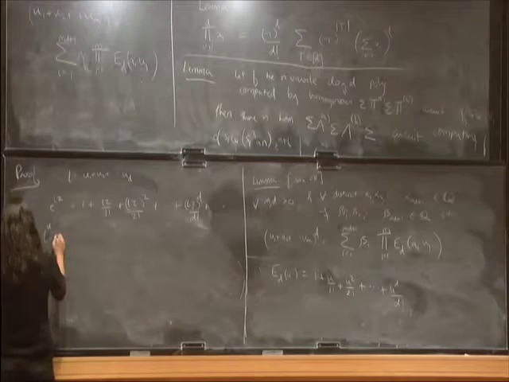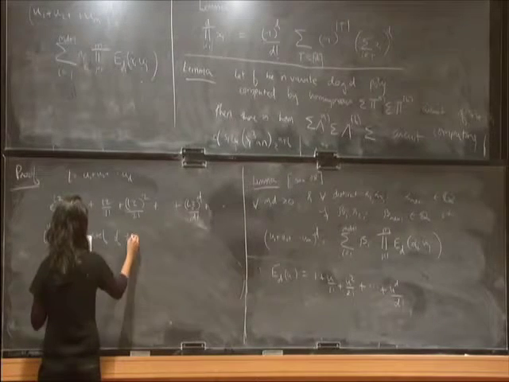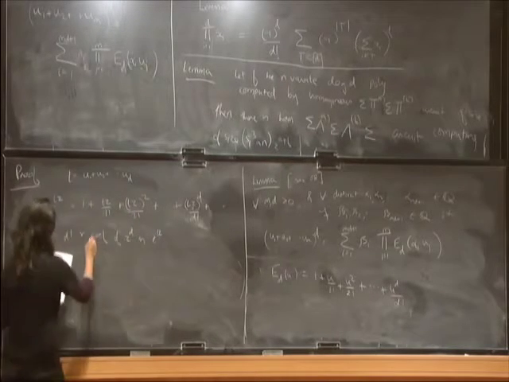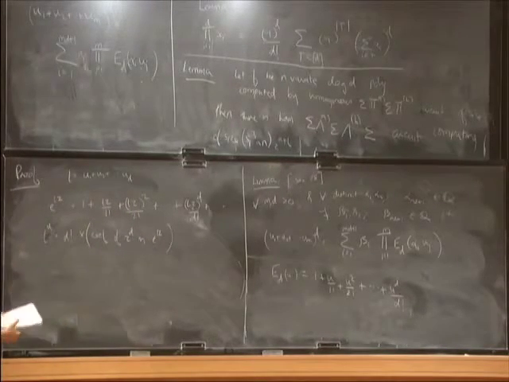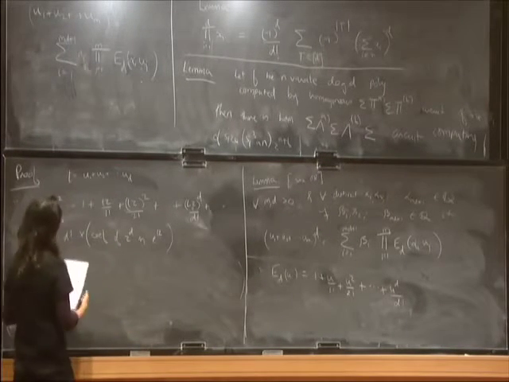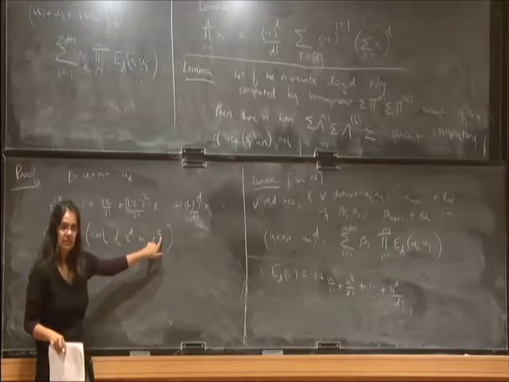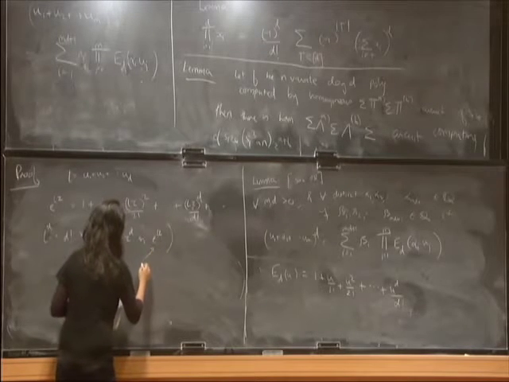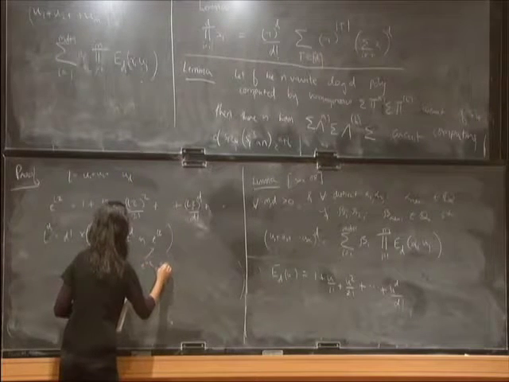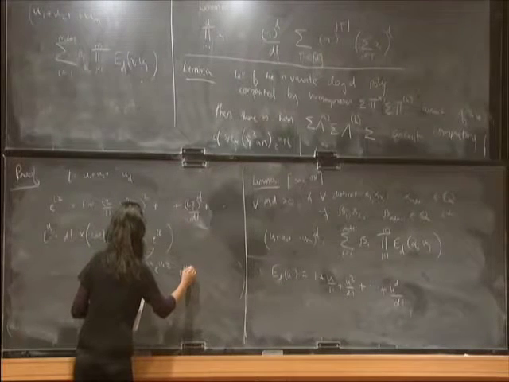L to the D, observe, is D factorial times the coefficient of Z to the D. Okay, but so here now we can see if you look at E to the LZ, this is the same as E to the U1Z times E to the U2Z times and so on.